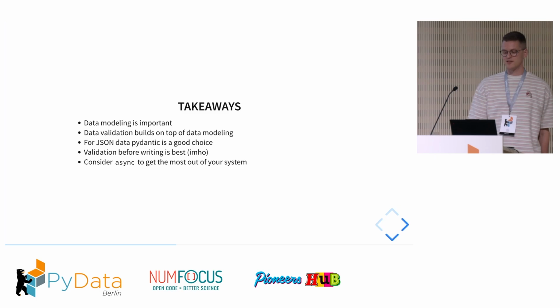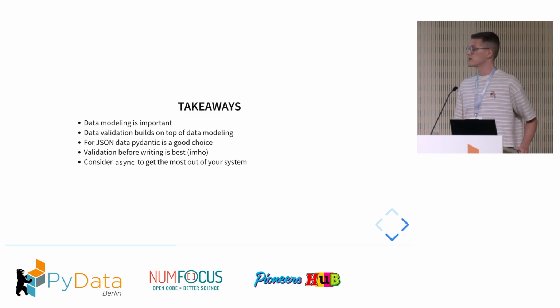So the takeaways here. Data modeling is important. With all the talks I give and all the projects I work on, this is usually what I stress the most, because especially with the dynamic typing nature of Python, it gives you the most impact on the quality of your code. You can do data validation that builds on top of this data modeling. If you have any kind of JSON data, Pydantic is a very good choice in my opinion.